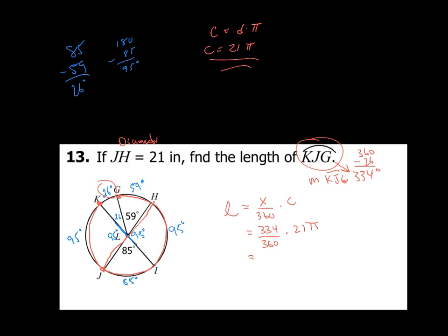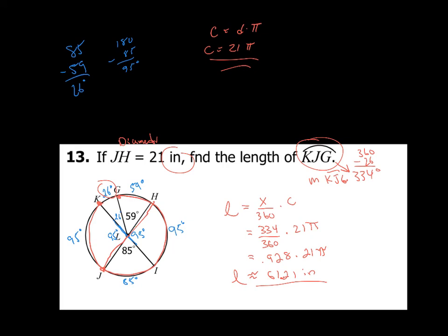So 334 divided by 360 is going to be approximately 0.928, all sevens. So let's call it 0.928 times 21 pi, which is going to yield us approximately 61.21 inches, because they said inches. That's 61.21 inches approximately. That is our arc length.